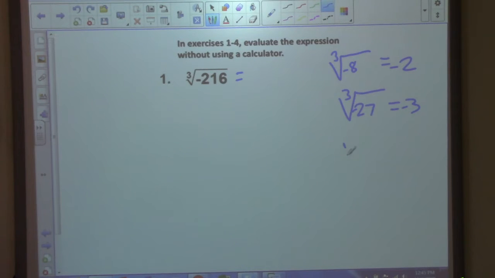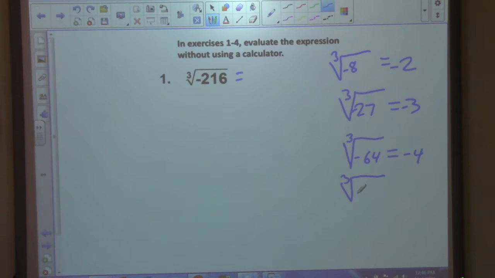Okay, let's continue here. What is the cube root of negative 64? It'll be negative 4. Okay, we're just following along the theme here.